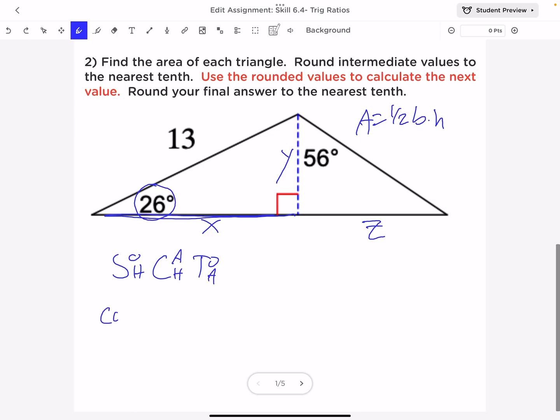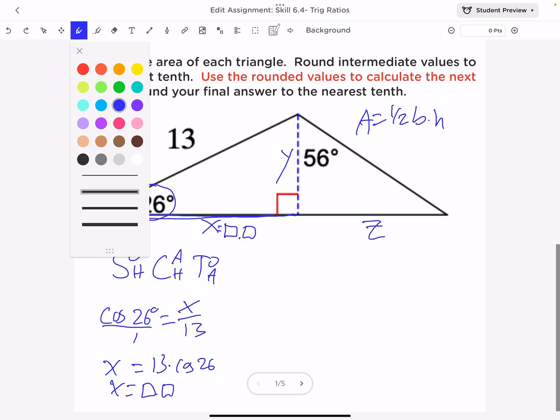So cosine of 26 degrees is equal to x over 13. That's a ratio. We rewrite it, and we get x is equal to 13 times cosine 26. You will type that in your calculator, and you're going to get some value here in blue. So x is equal to some value, blank dot blank.